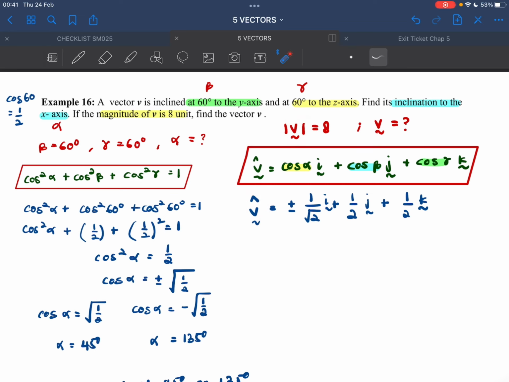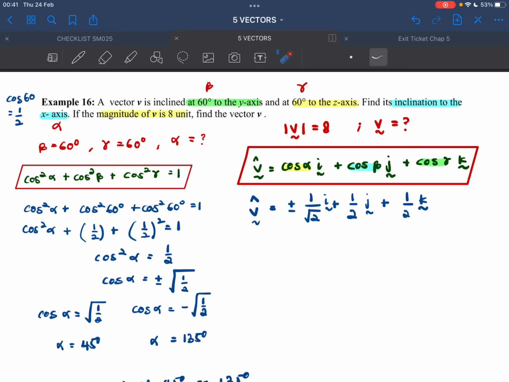Okay, so now if we rearrange that, you should get vector V equals unit vector times magnitude, and the magnitude here is 8. Let me just write that back. Our magnitude is 8, and our unit vector is this one here, plus minus 1 over square root 2 i plus 1 over 2 j plus 1 over 2 k.